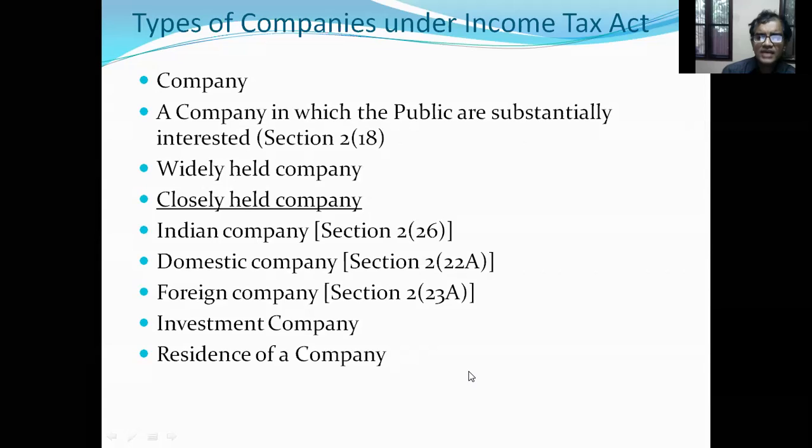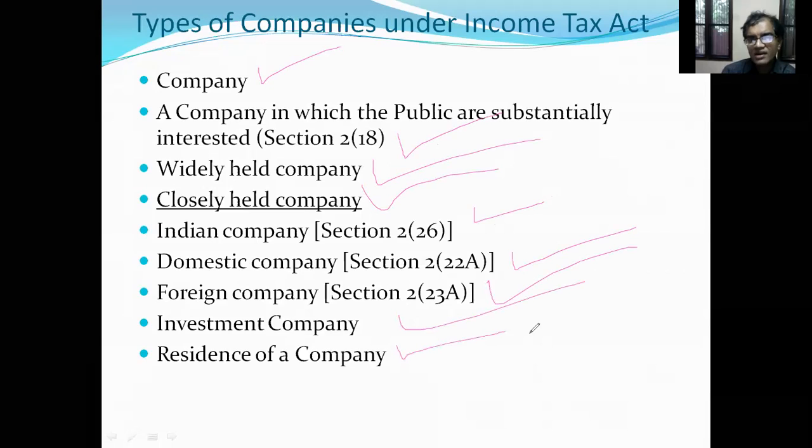We will come to know about them deeply in the next class. Under the Income Tax Act, companies are divided as: a company in which the public are substantially interested, a widely held company, a closely held company, an Indian company, a domestic company, a foreign company, an investment company, and based on the residence of a company also. These are the categorizations of various companies under the Income Tax Act.